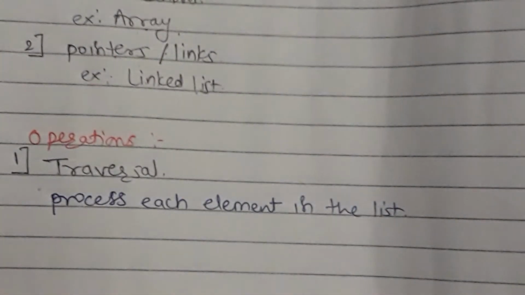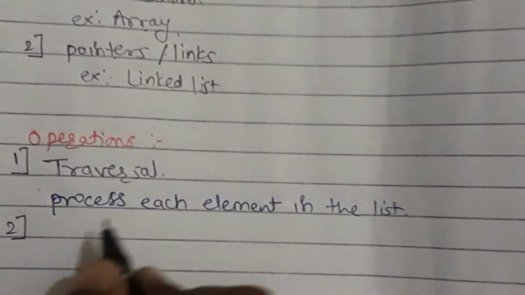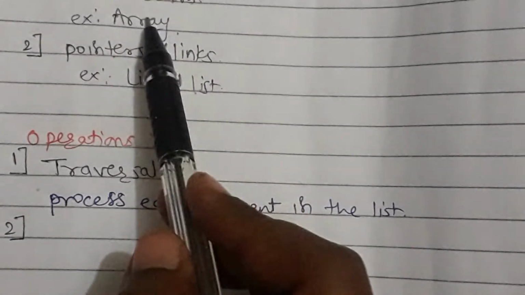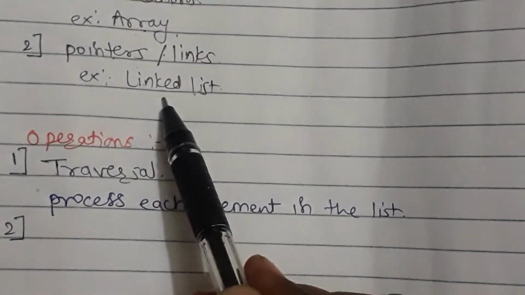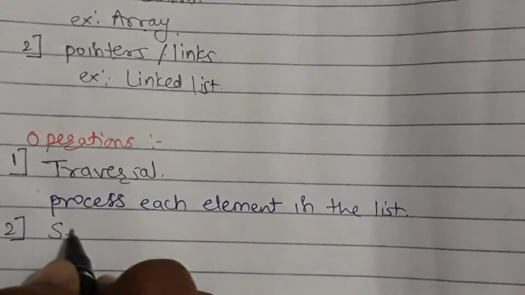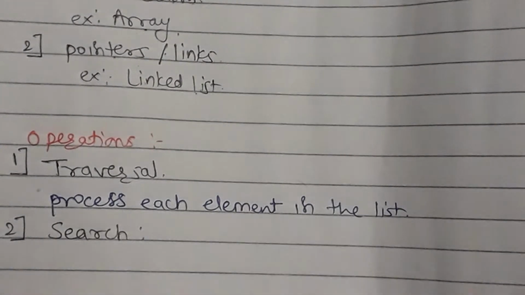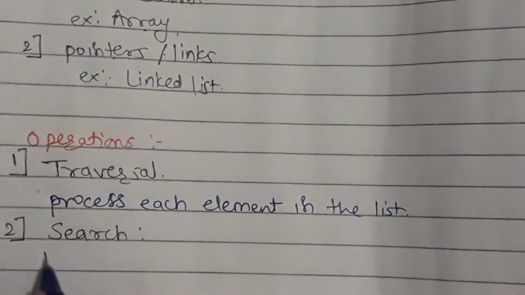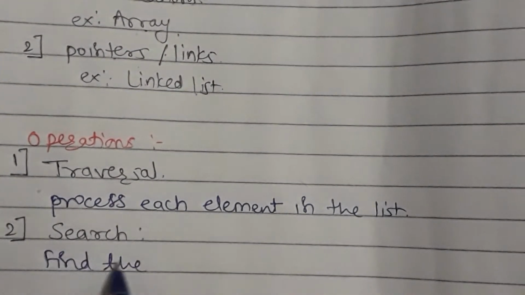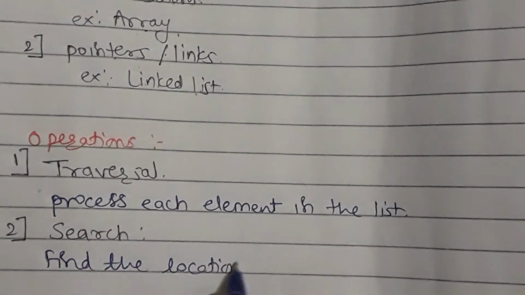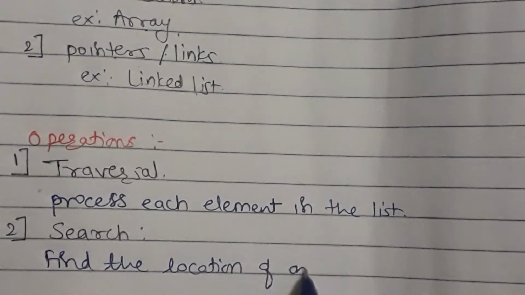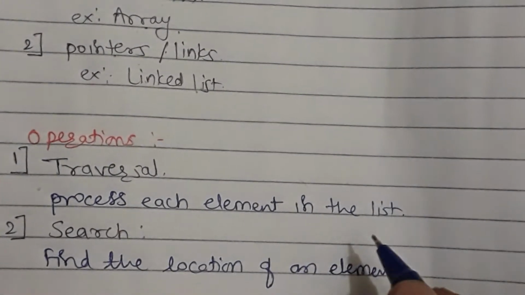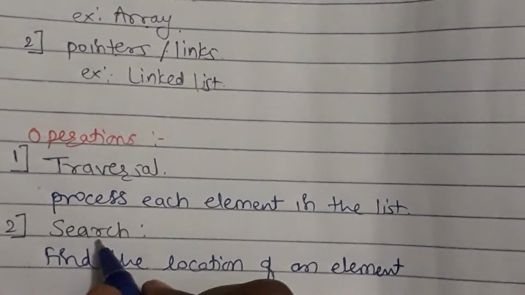The second operation which we can perform on a linear structure, whether it is an array or a linked list, is search. Within search, we can find the location of an element.